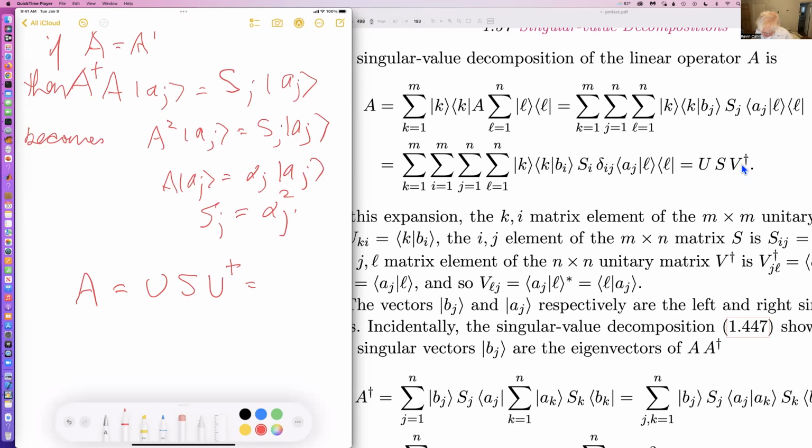And this S is, it's not quite, you see, normally when we diagonalize a Hermitian operator, we just write the eigenvalues on the diagonal. Here, what we do is we change the phases a little bit of these eigenvectors of A.